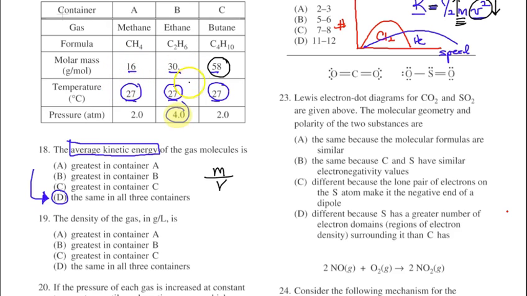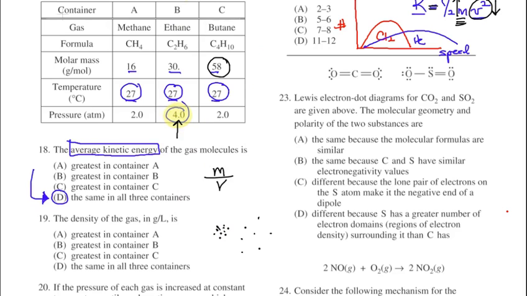So you might expect, well, the heavier mass, butane, would be the more dense gas. But careful, as I said, the anomaly here is that there's a different pressure. So with having twice as much pressure, we're going to pack this gas in tighter than the other gases. So again, the highest density should be this gas.